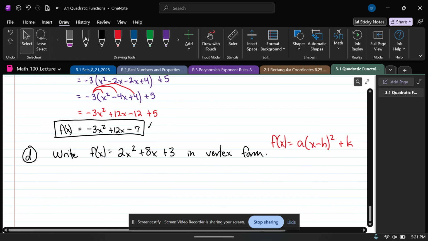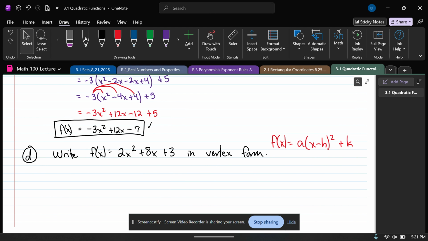So I need h and k to get this to work. So I need the vertex of that standard form. How do I find the vertex of the standard form equation? Negative b over 2a is going to be the x value, and the y value is going to be plug that stuff in.